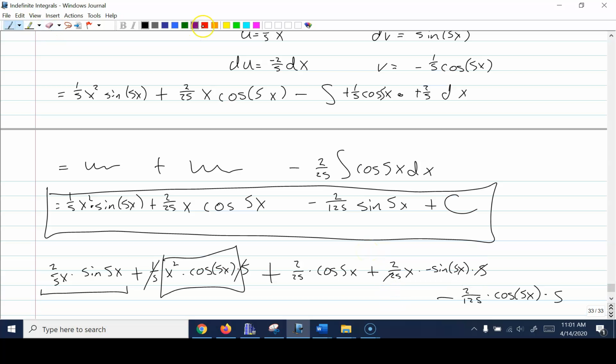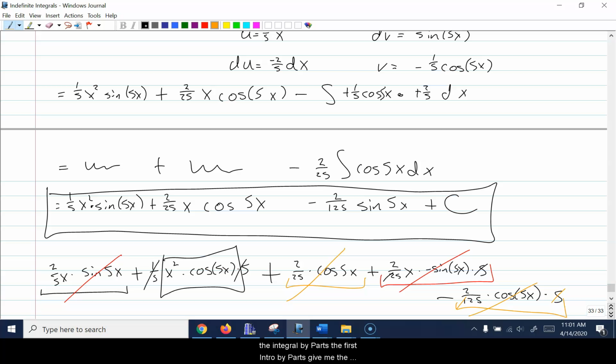So this ends up canceling with that. And I'm guessing this should end up canceling with that. This is positive 2/25 cosine 5x. This is negative 2/125 times that 5. We'll leave that as 2/25 cosine 5x. Everything we didn't want cancels out of the way, leaving us with just the thing we want.